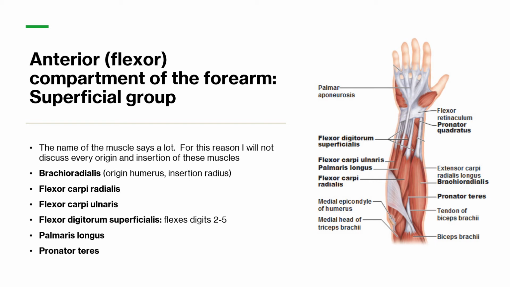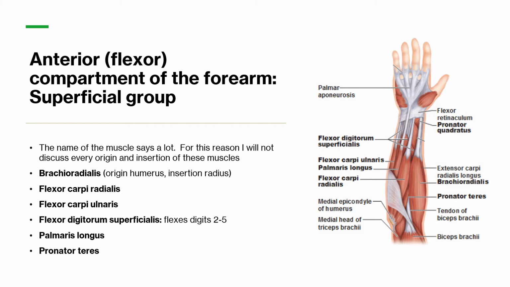which is why it's called brachioradialis. You have your flexor carpi radialis. You have your flexor carpi ulnaris. You have your flexor digitorum superficialis, which flexes digits 2 through 5. So flexor means it flexes, digitorum are digits, and digitorum generally refers to digits 2 through 5.